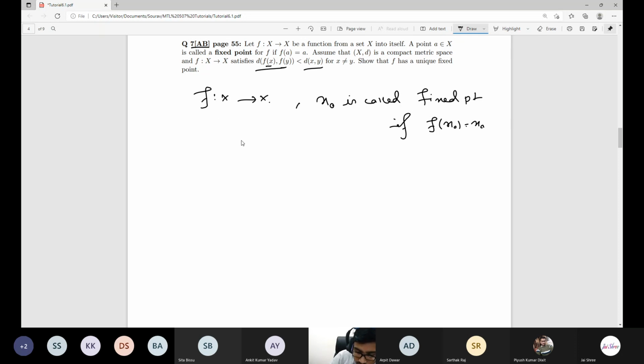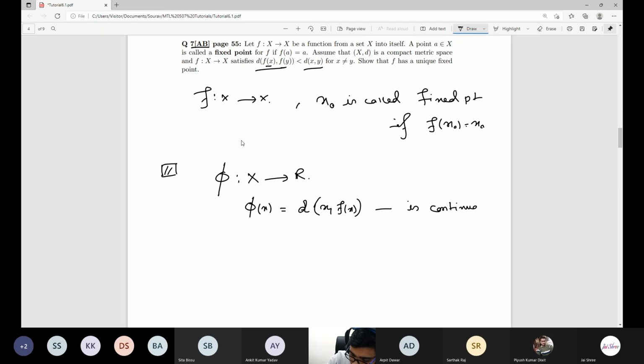So let's first prove that it has a fixed point. Consider a function phi from X to R by phi of x equals the distance of x and f(x). Is it continuous? Yes, sir. Why?